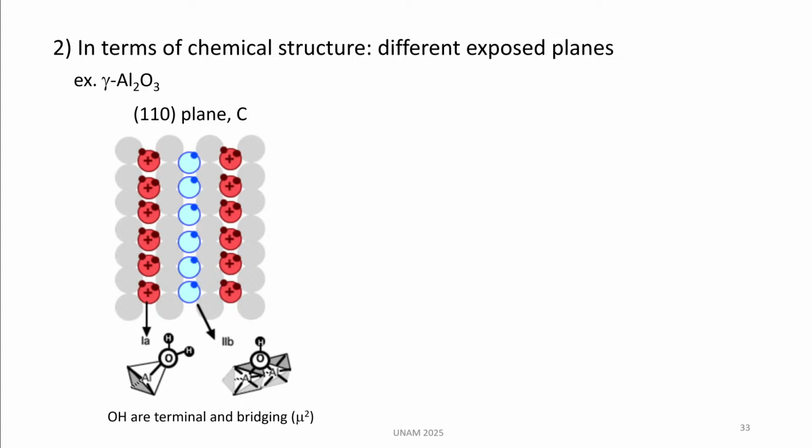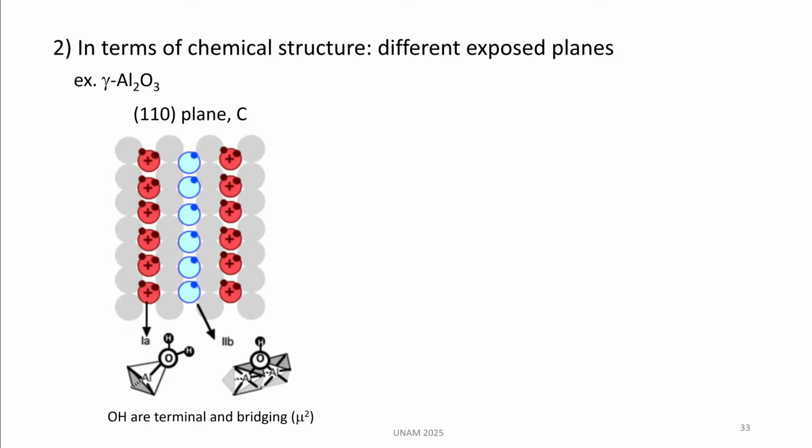The gray circles are underlying O2 minus. The aluminum ions are not seen because they have made some bonds with either H2O or OH groups, and you see that you will get some very different surface groups here.